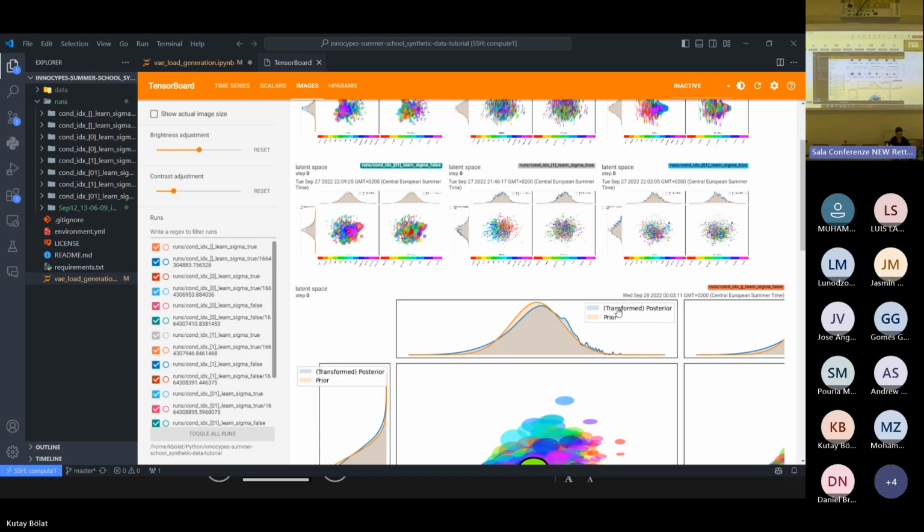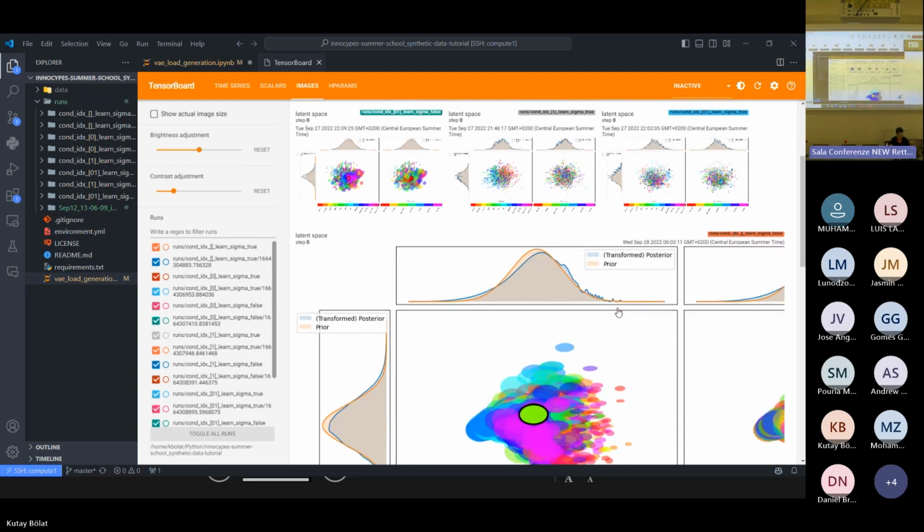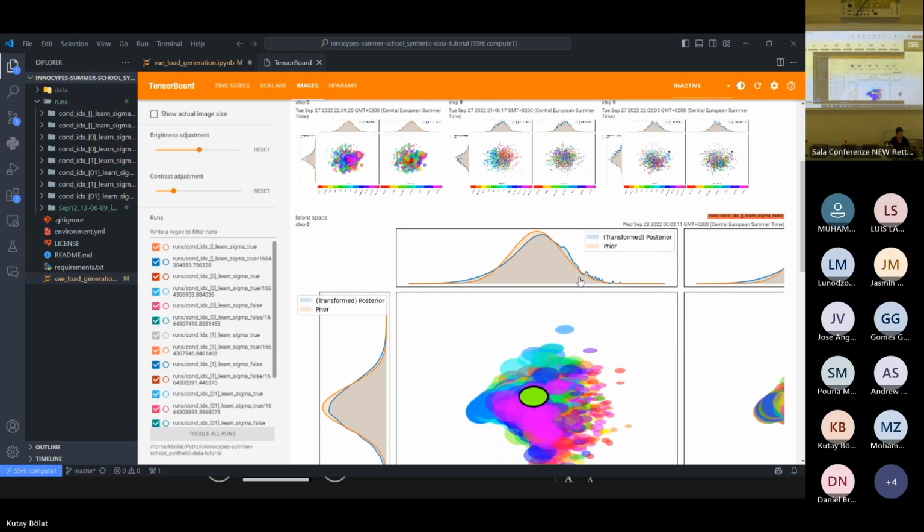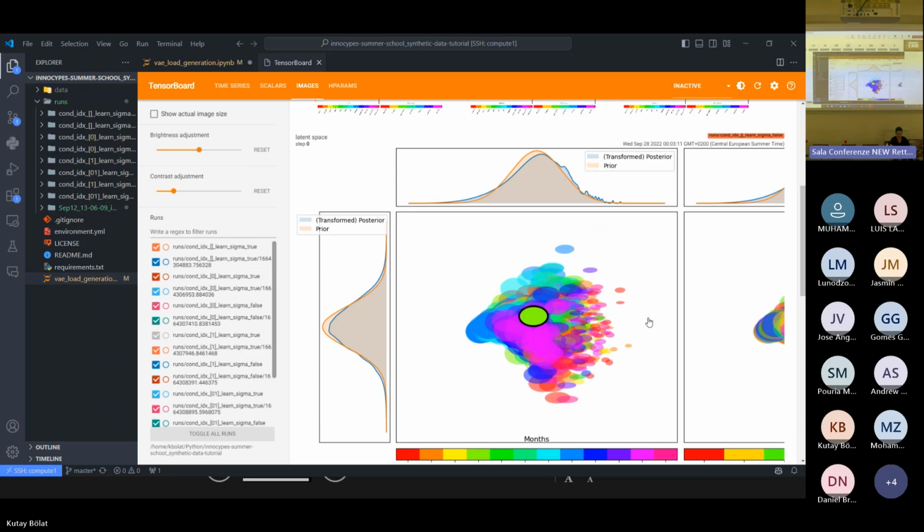You can control it in the notebook if you want to train the output standard deviation or not. But the heads up is, if you try to learn the standard deviations on the output, it is mathematically proven that you're going to overfit, if you train enough.